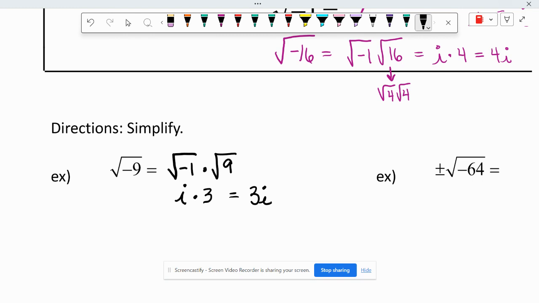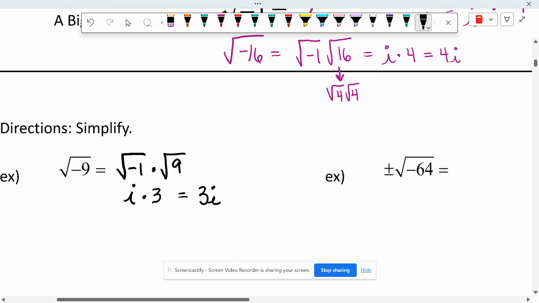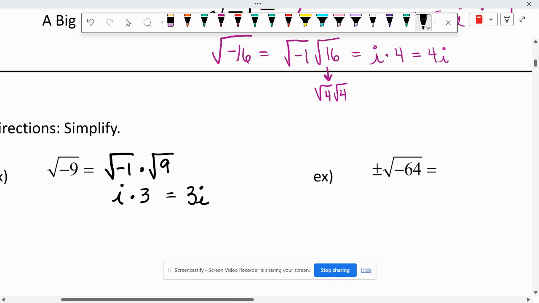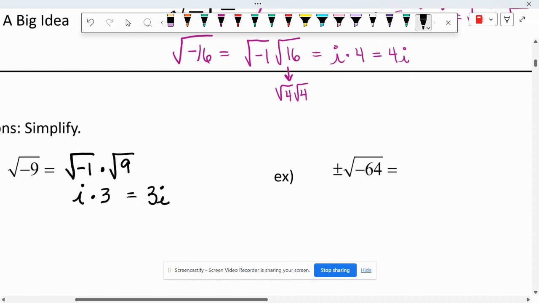i is just like a variable. We know that i stands for the square root of -1, but it's just like a variable term, so the whole numbers or coefficients go in front of it when we multiply them. This next example has a plus or minus out in front of it. That means I want both the positive and the negative root.